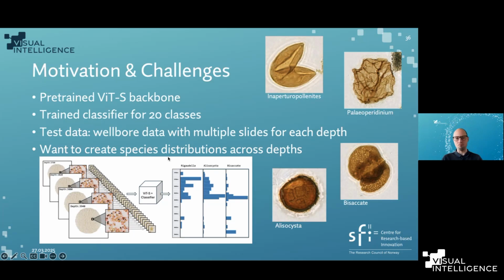And we focus on these 4 classes in this analysis: Inaperturopollenites, Paleoperidinium, Bisaccates, and Alisocysta. Yeah.